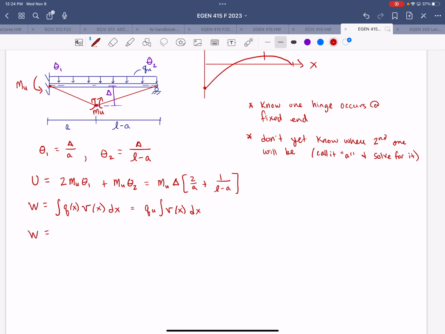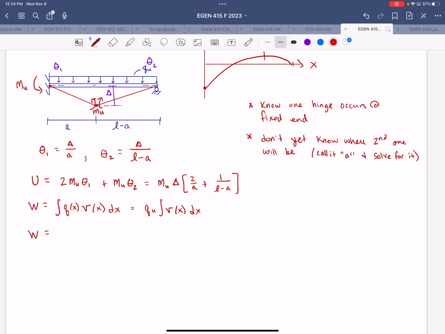So since our deflected shape in the collapsed mode is just straight line segments, this becomes easy. We don't actually have to evaluate the integral. It's just going to be the area under the triangular deflected shape.